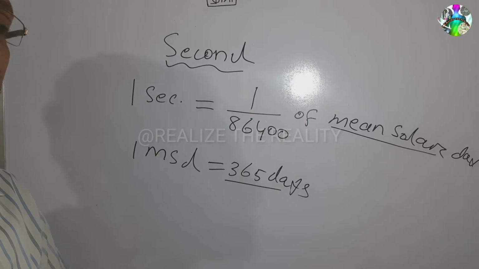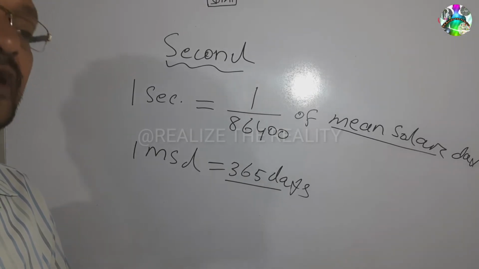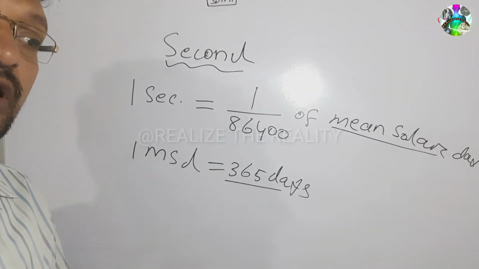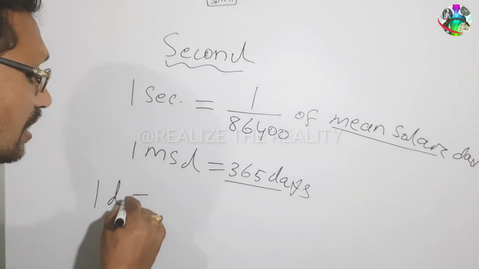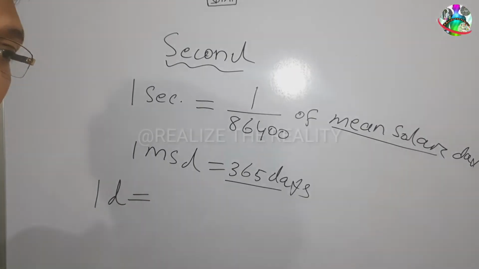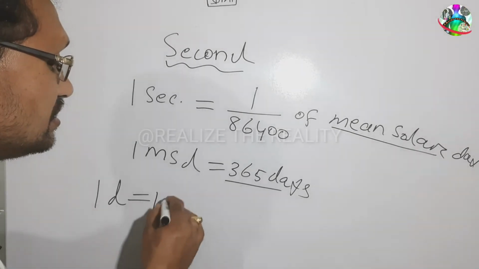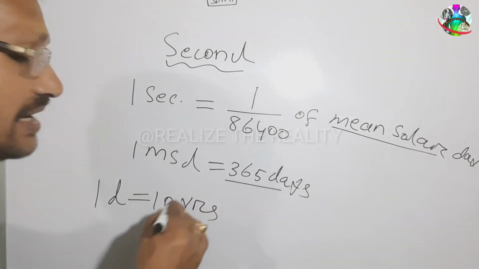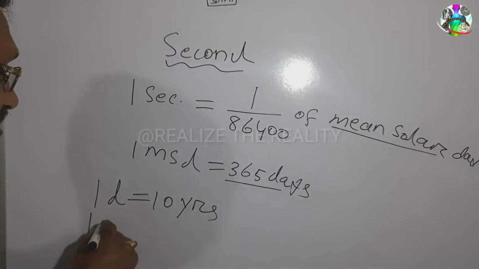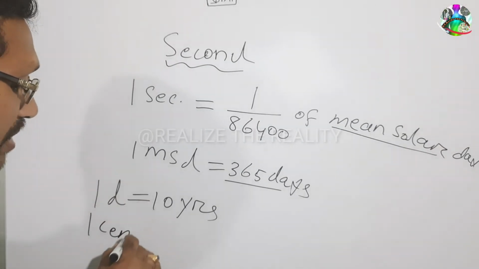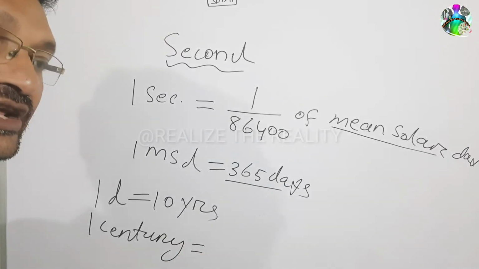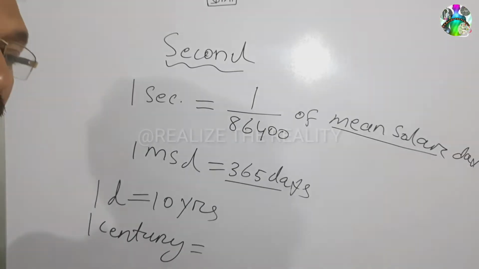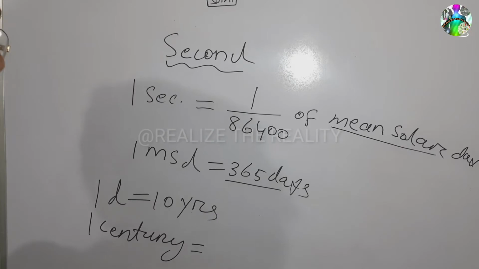Other units for measurement of time that we know already: decade. 1 decade, you know how much? You must be knowing 1 decade is equal to 10 years. Like that, century. Generally in cricket you hear from the commentator, it is a century.